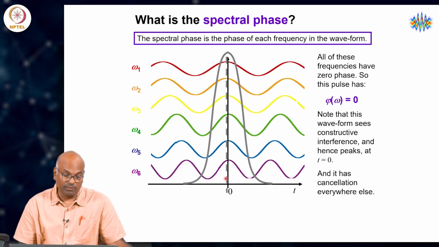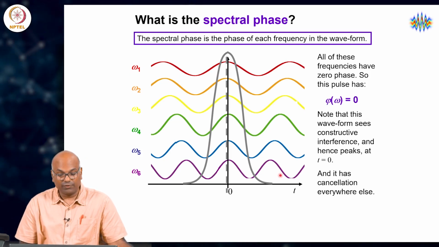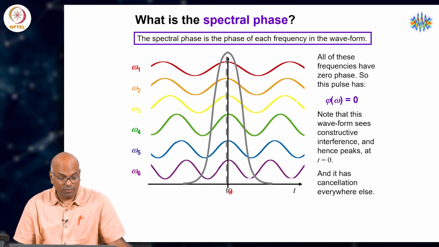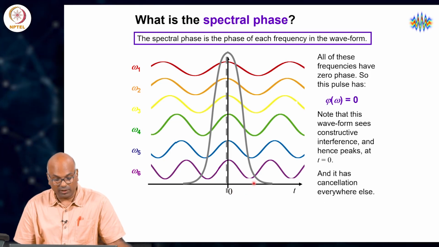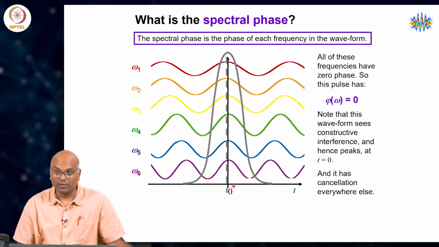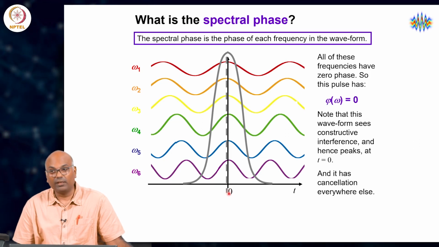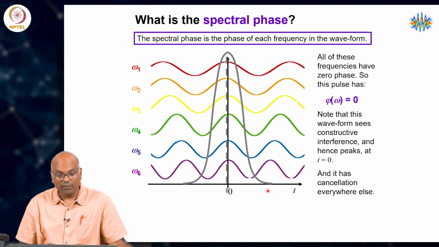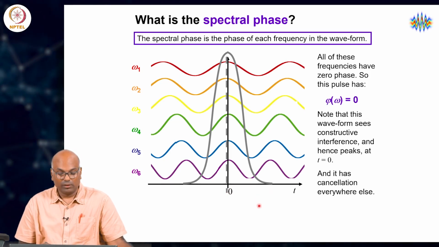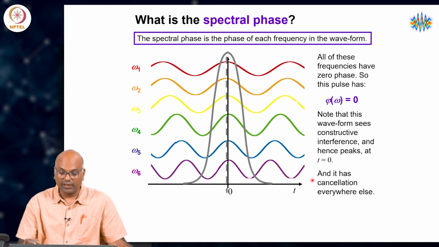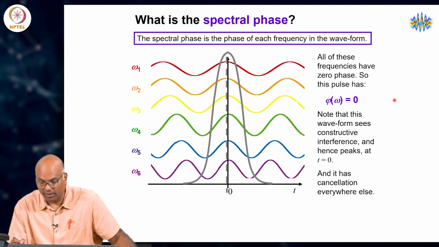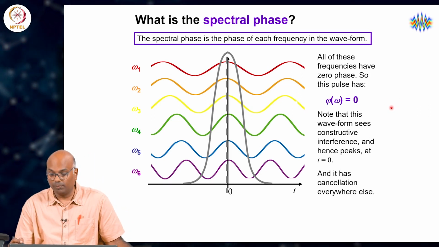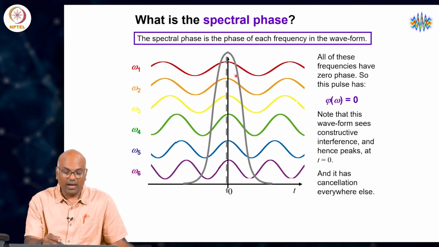And remember, we also understood that if a pulse is propagating and we observe the same pulse which has not undergone any distortion between a designated time t equal to 0 and a later time t equal to some t, all that would have happened is that a linear spectral phase, something of the type, let us say, some a times pi or 2 pi, is added across different frequencies.